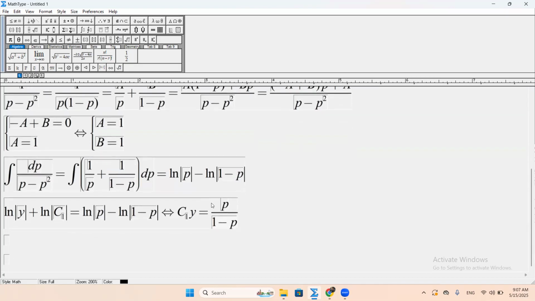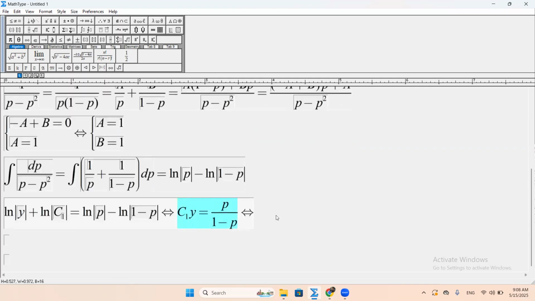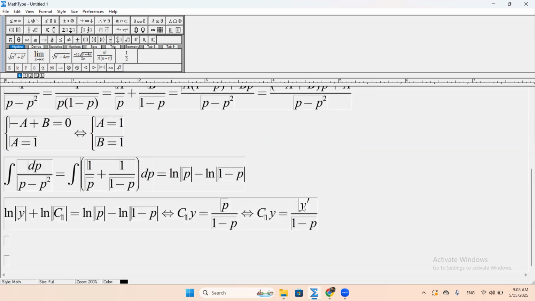Then, how to solve next? Actually, we cannot express y prime explicitly here. So actually, we cannot do anything for now in this case. Yeah, it is difficult to move next because of such a situation. So here is no chance to express y explicitly.